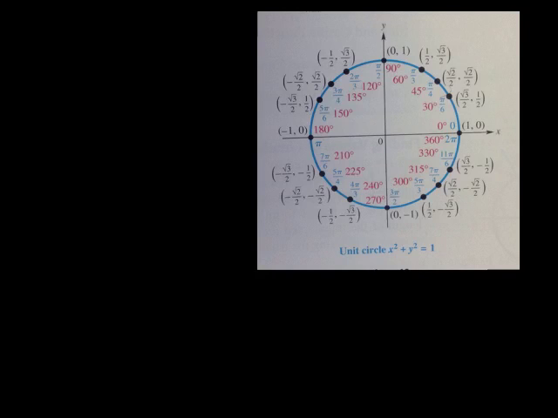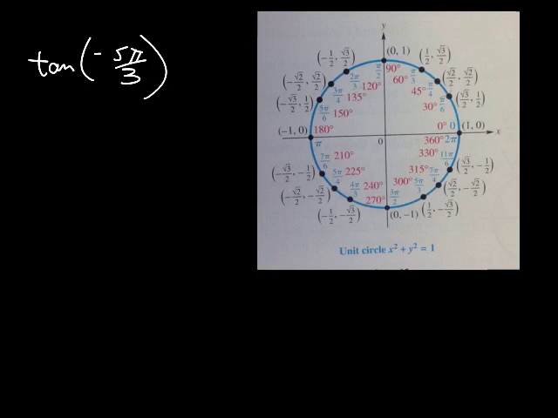Now let's say we're doing B and we're trying to find the tangent of negative 5 pi over 3. All right, let's say we don't have that unit circle. What is 5 pi over 3?